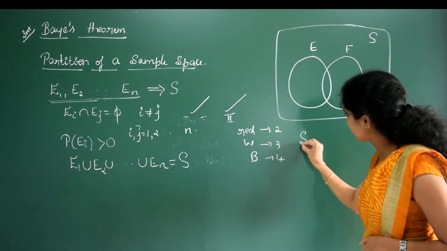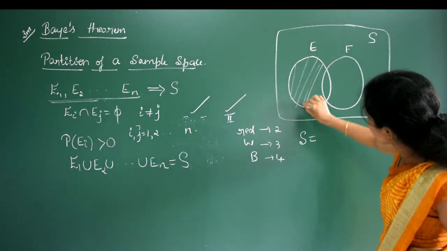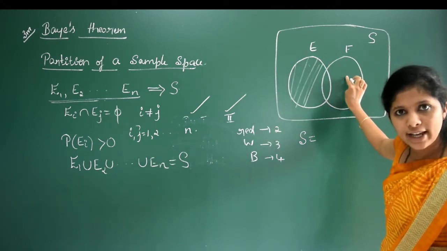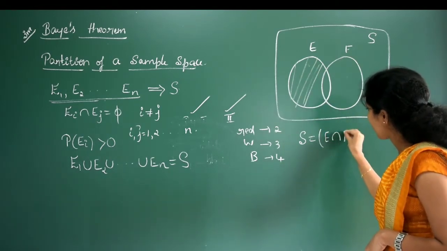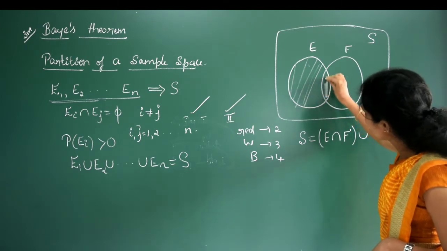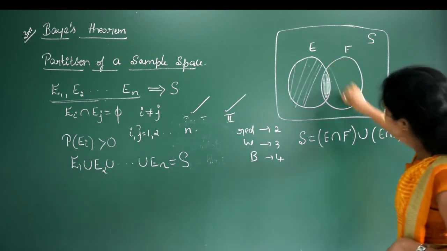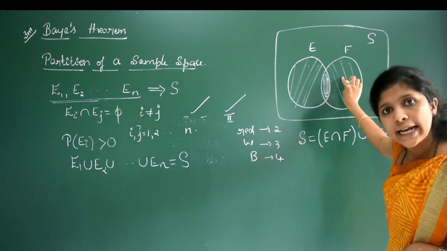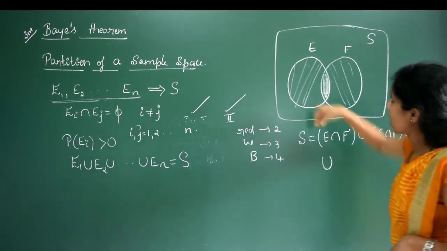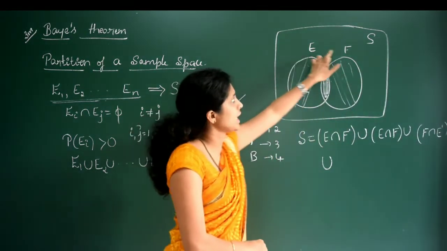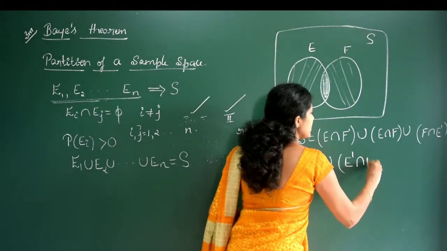The sample space can be written as E intersection F dash, union E intersection F, union F intersection E dash, union the outer part, E dash intersection F dash.